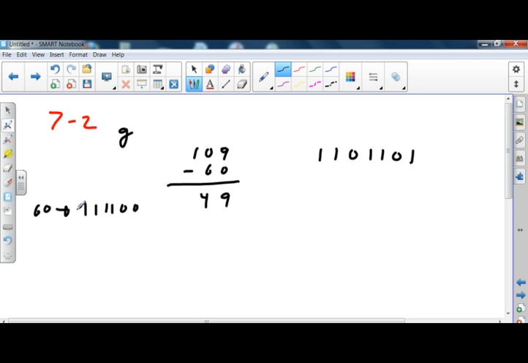And I'm going to put a 0 in front of this guy, like that. And I'm going to put a 0 in front of this guy like that. Okay, why do you put the 0 in front? Because I'm going to do 2's complement math, and I need that most significant bit to be negative, and it's not negative in the 109, so I have to put a 0 there. So that it's weighted to be a negative number in the most significant bit. So I have to put it there.